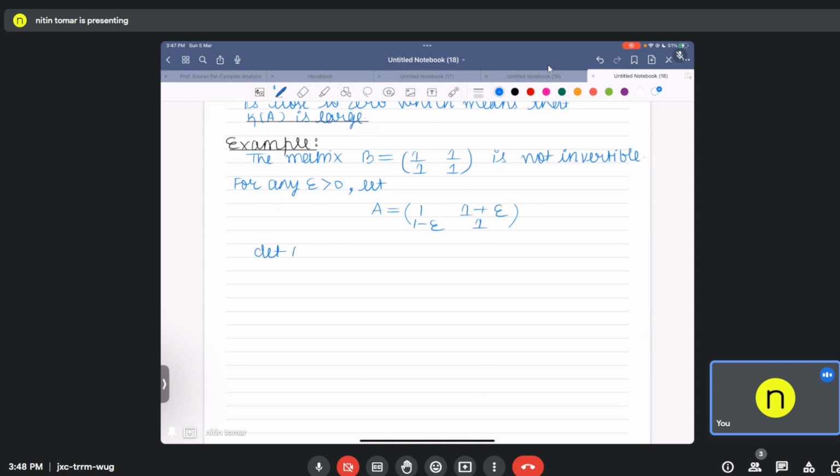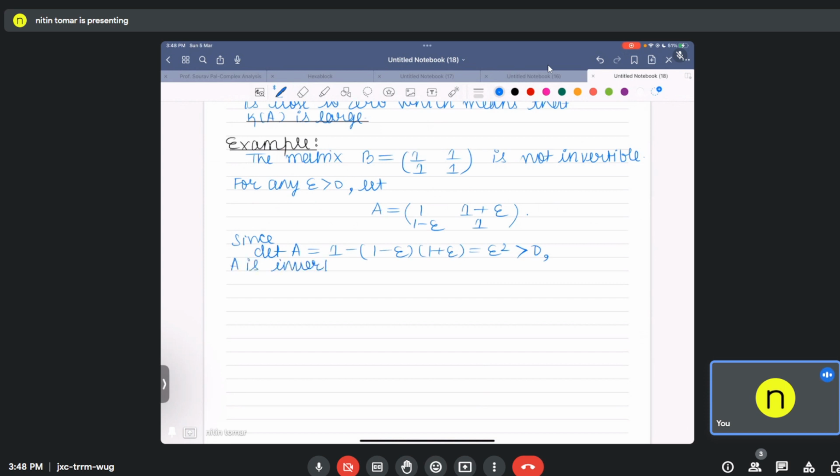See, the determinant of A will be 1 minus epsilon plus epsilon squared. So it will be epsilon squared, right? And because epsilon is positive, this will always be positive. So hence, since the determinant is positive, we have that A is invertible.